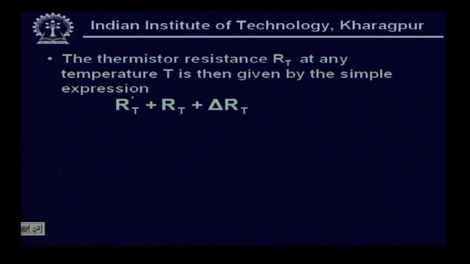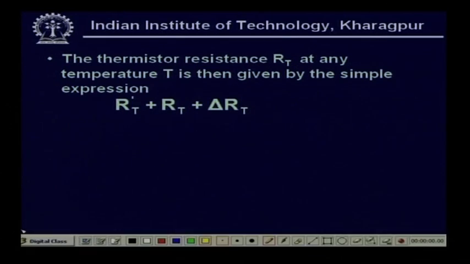Now, the thermistor resistance R T dash at any temperature T is then given by the simple expression. Actually this is mistyped; this will be an equal sign. That means R T dash equal to R T plus delta R T, right.